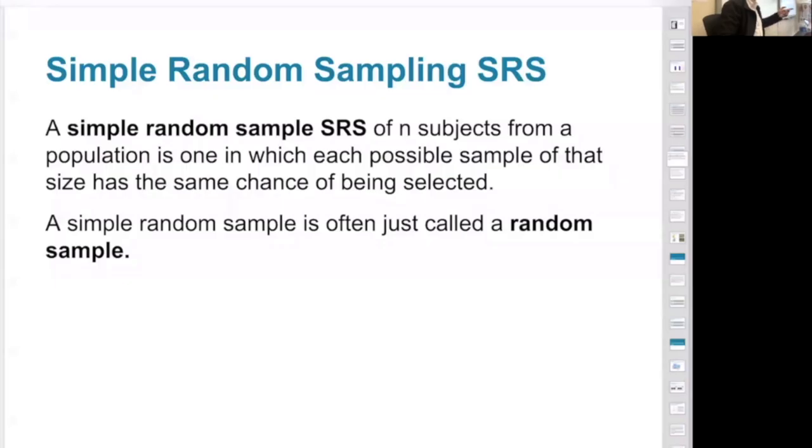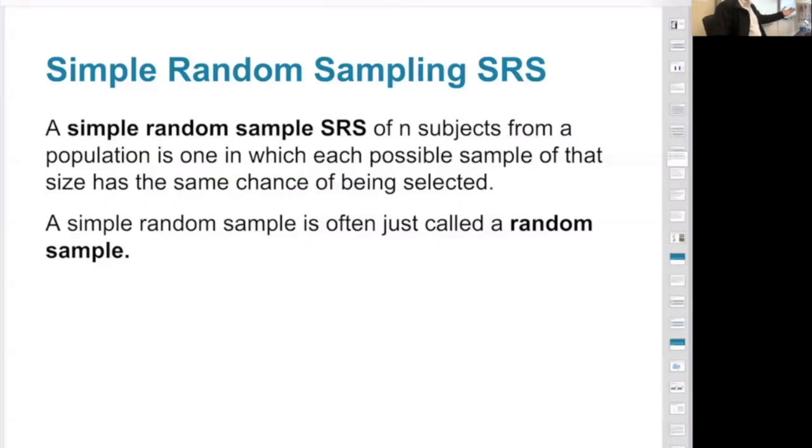We call it SRS. Sometimes we call it random sampling or a random sample. As you can see here, the subjects from the population have the same chance to be selected in the sample. So this is the random sample. Like what? If I have a class of 100 students, I can select 10 students randomly like this. I already have the list, right?